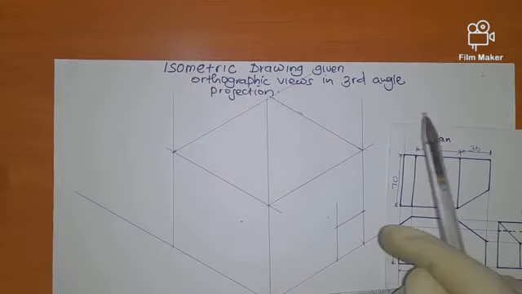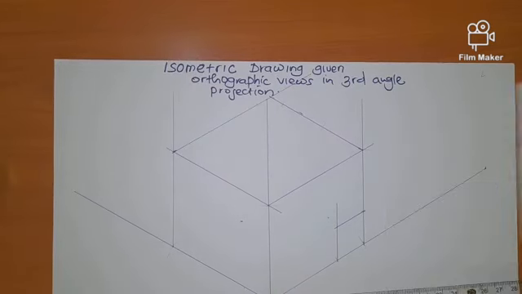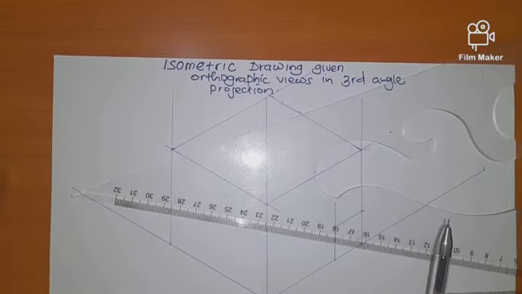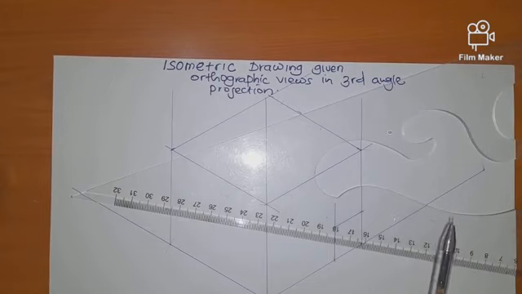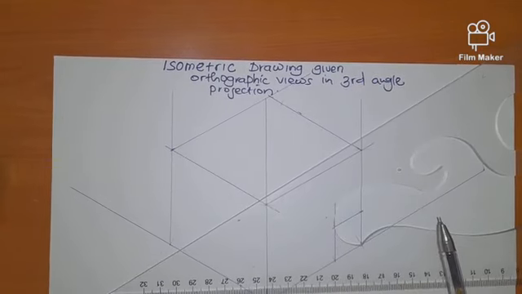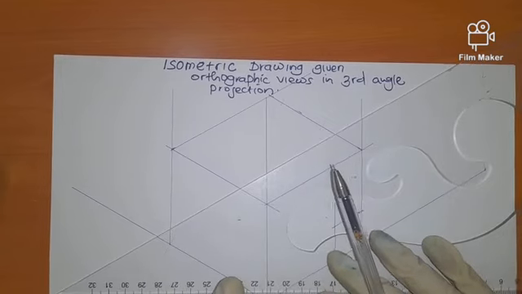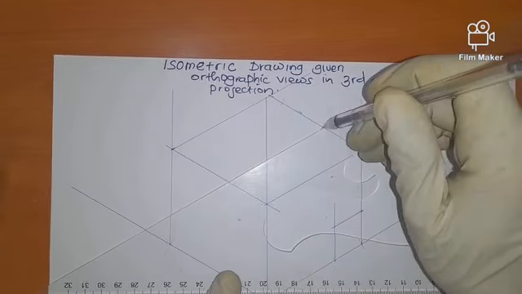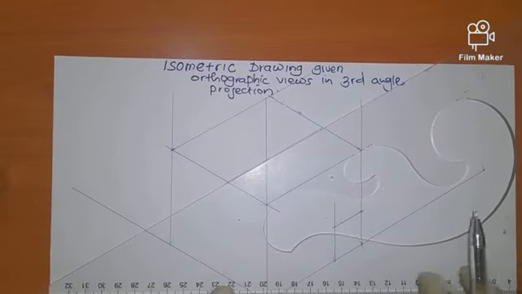So from there, you can complete the line. So you complete this line. It is a corner, so it will appear.